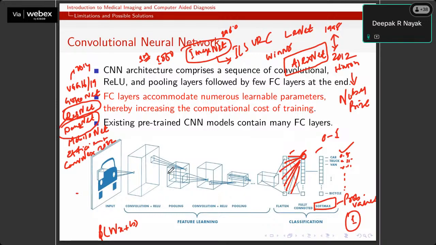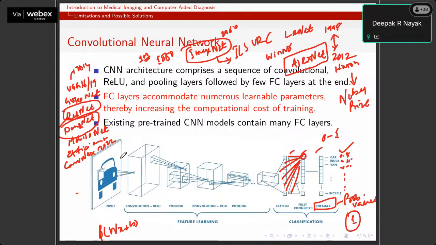If you do not have much data or computational resources like GPU-based machines, what you can do is transfer the knowledge of these networks to your task. What we are trying to do here is transfer the knowledge of these architectures to solve the problem at hand. We'll discuss in detail what we mean by transfer learning.